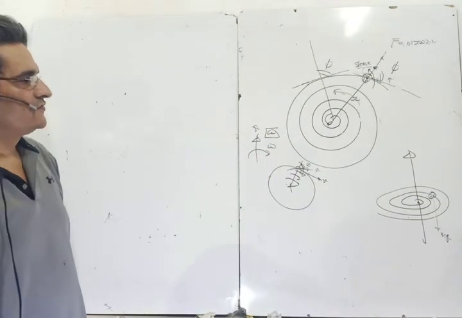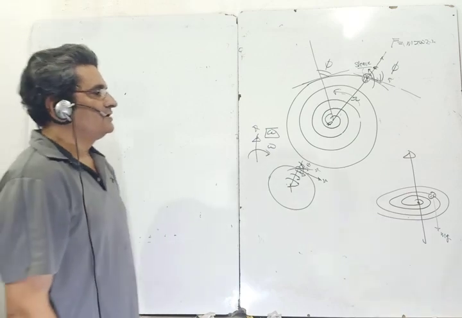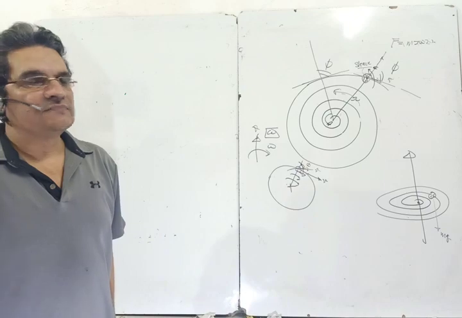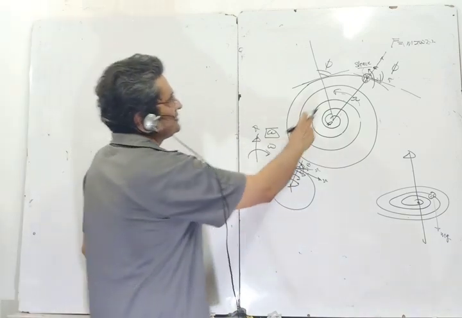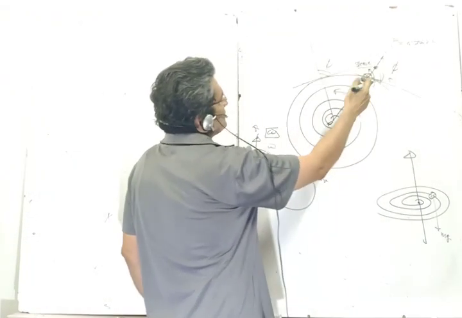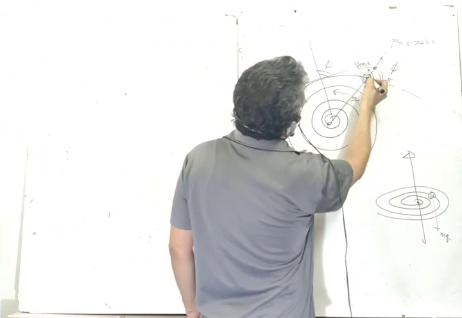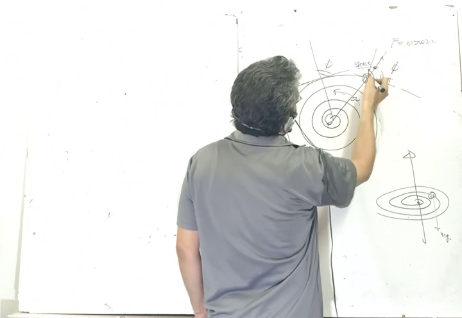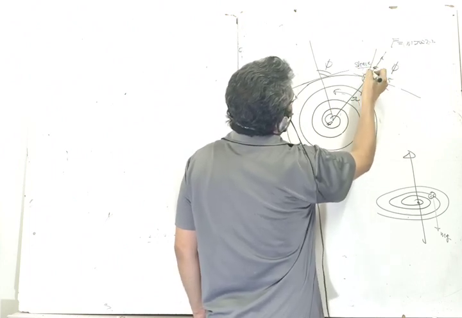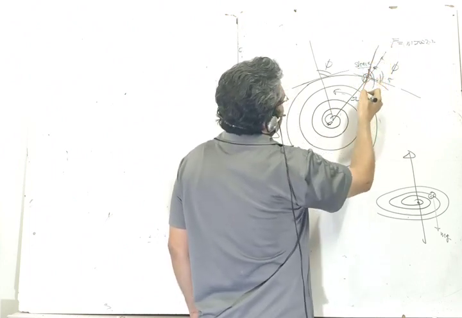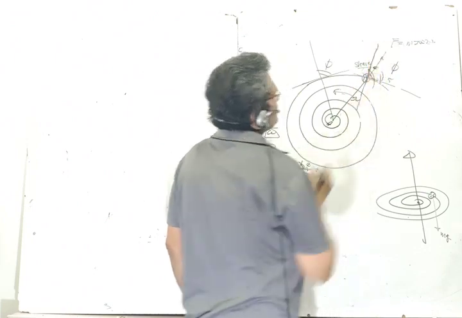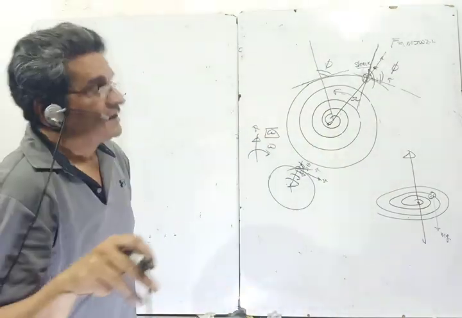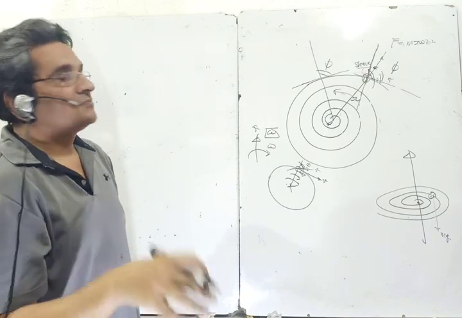So there is a Coriolis force acting on it, perpendicular to the velocity or perpendicular to the path. The path is along this spiral, so the Coriolis force will be perpendicular to it, along this axis. I am not writing the direction because I will have to calculate it. Anyway, the point is that it acts normal to the velocity.